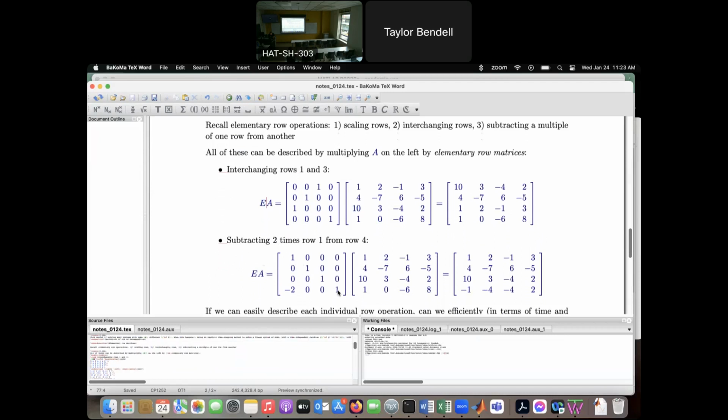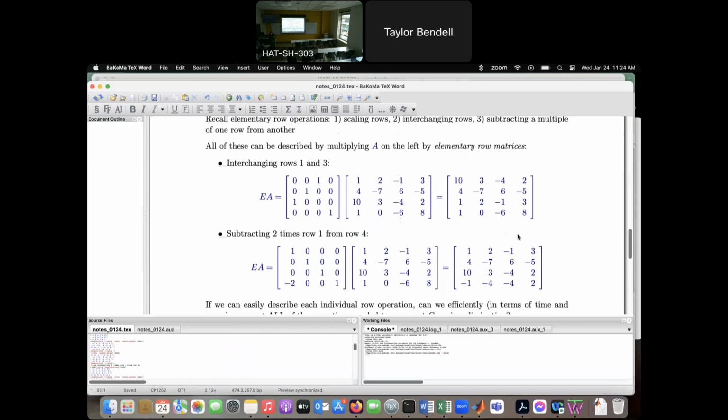So here we have the identity matrix, and if you took row 1, multiplied it by 2, and subtracted it from the 4th row, this is the matrix you would get. Then multiplying A on the left by this matrix will carry out this row operation on A, and this is what you would get. This example is not a particularly useful row operation, but it illustrates the action.